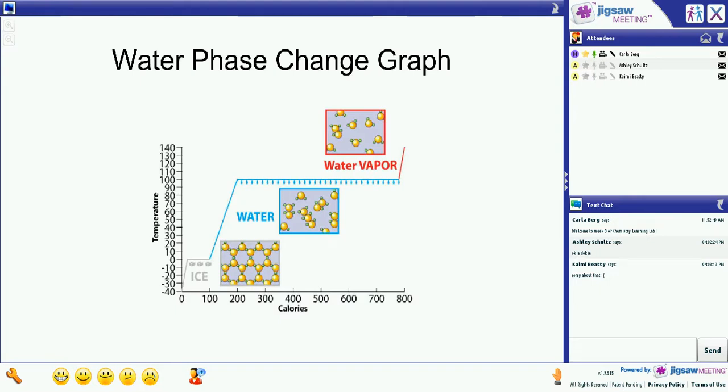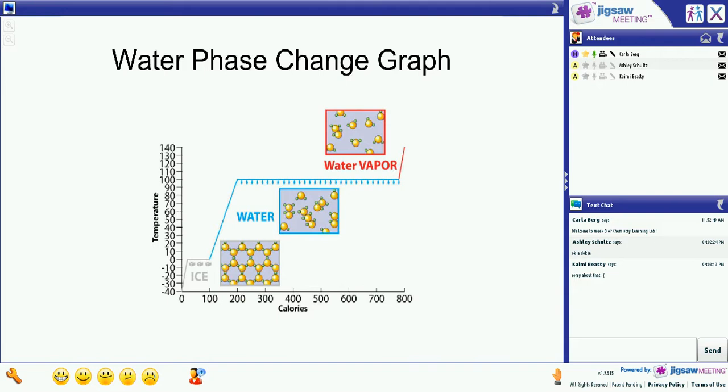So here's this phase change graph again, but I used water as an example. We have ice as the solid, where if you look at the particles of the ice, they form nice little hexagons. They're nice, compact, solid, not moving. Then when it goes up and it's a liquid and it's water, you see the particles moving. You see the hydrogens and the oxygen.